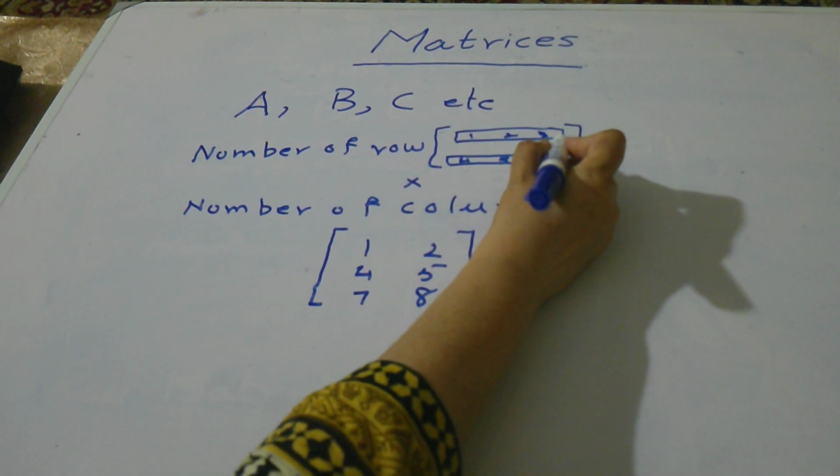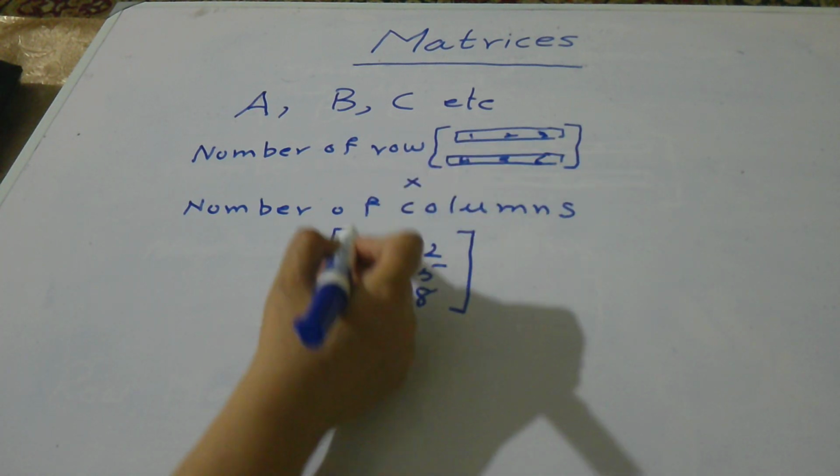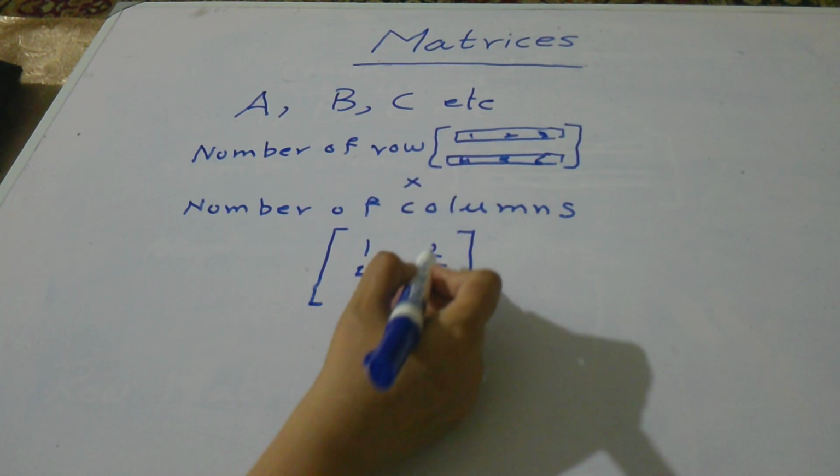These are rows 1, 2, 3, 4, 5, 6, and these are columns 1, 4, 7, 2, 5, 8.